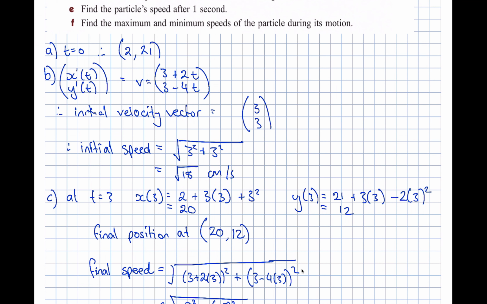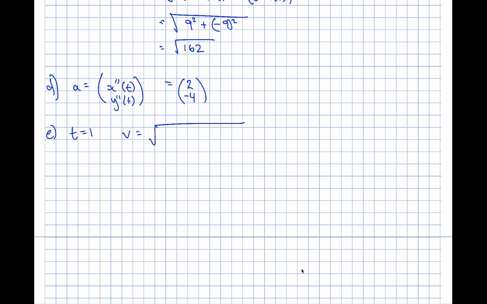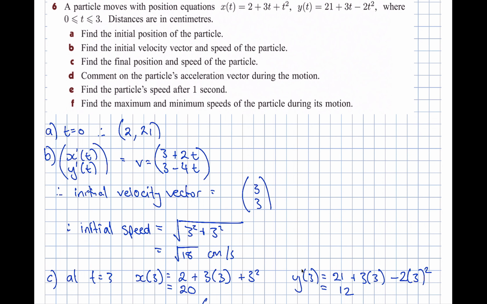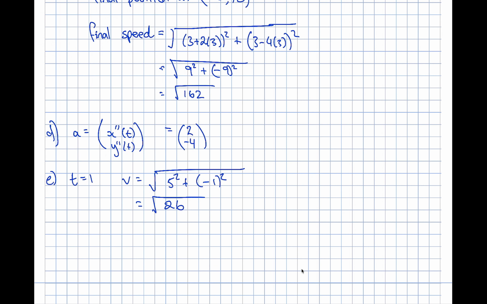If I put in 1 at these 2 points, I'm going to get 3 plus 2 is 5, and 3 take 4 is minus 1, so 5 and minus 1. So 5 squared plus negative 1 squared, 25, 26. So the square root of 26 is my speed after 1 second. I've done all that work, that's pretty much just plugging stuff in.